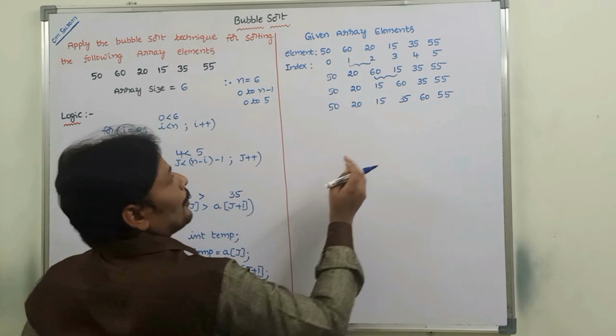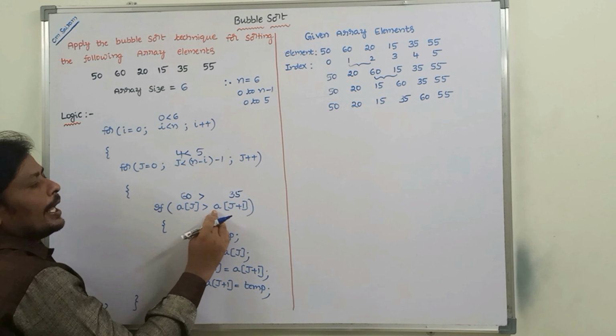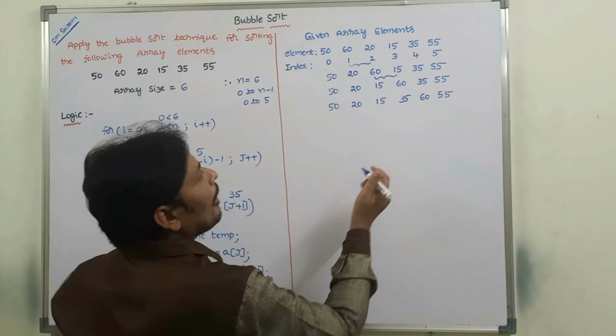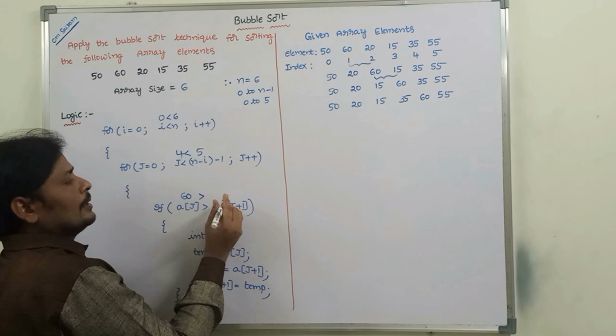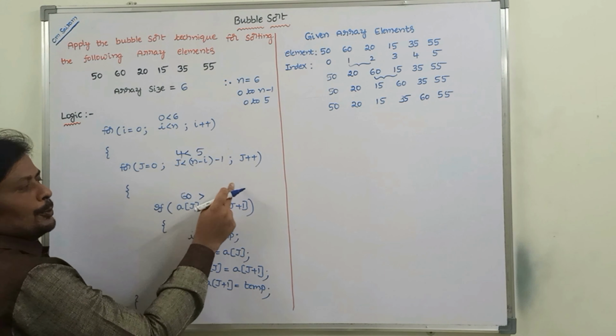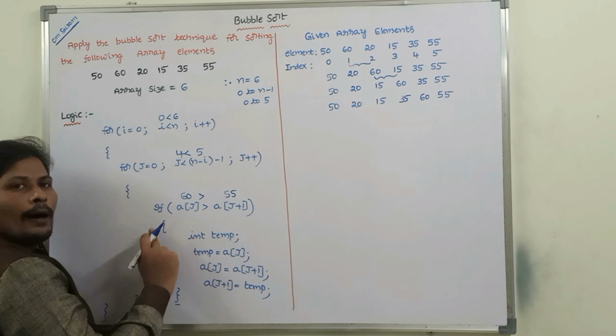A of 4 means that is 60 greater than A of j plus 1. So 4 plus 1, that is A of 5. So A of 5 contains 55. So 60 greater than 55. Condition true. If the condition is true, the control goes to the if block.